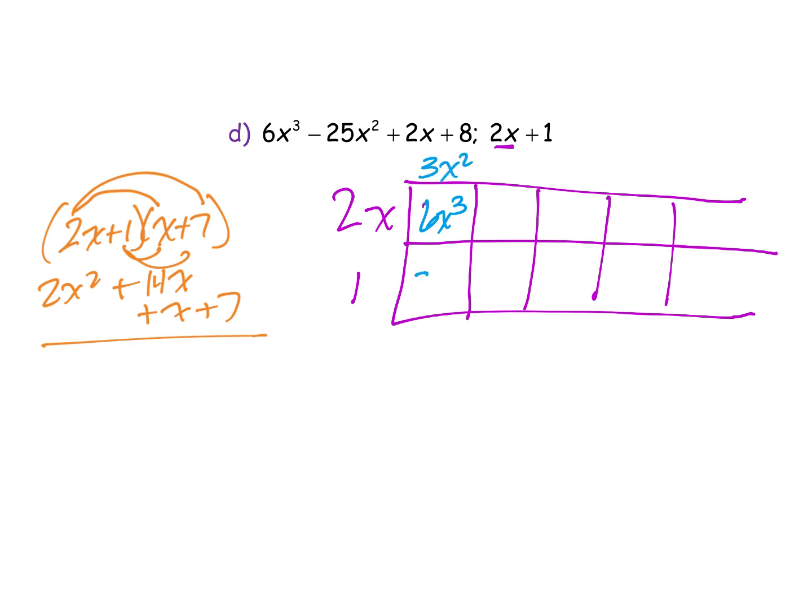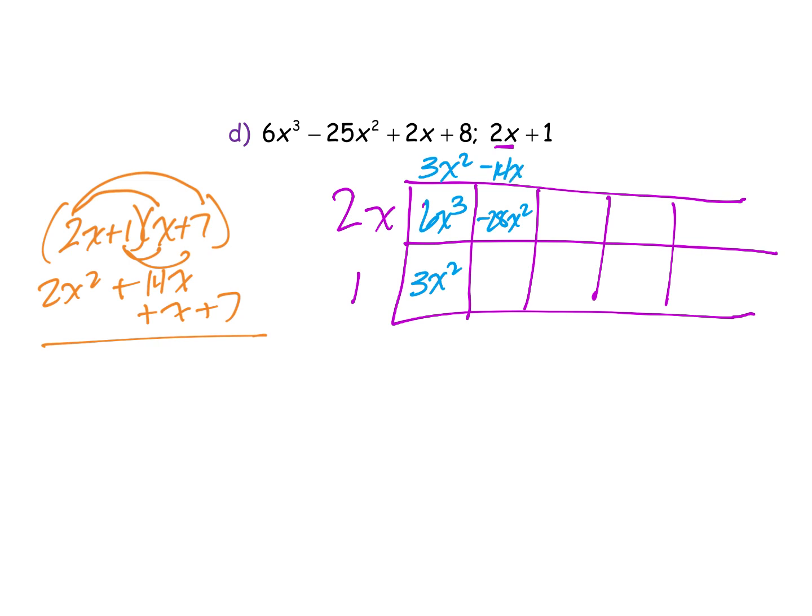Good. And then what do I add to 3x squared to get -25x squared? -28x squared. I think that's right. -28 plus 3 is -25, yeah. So 2 times what number gives me -28x squared? Good.